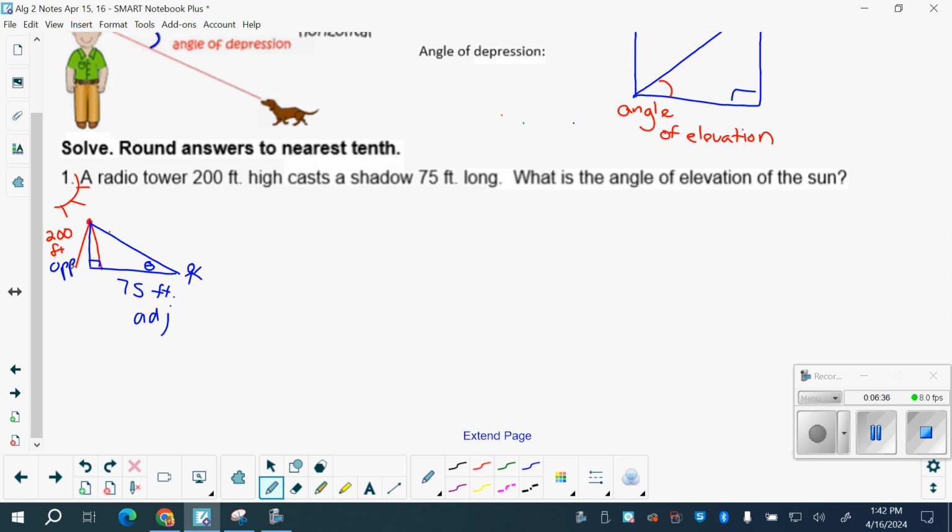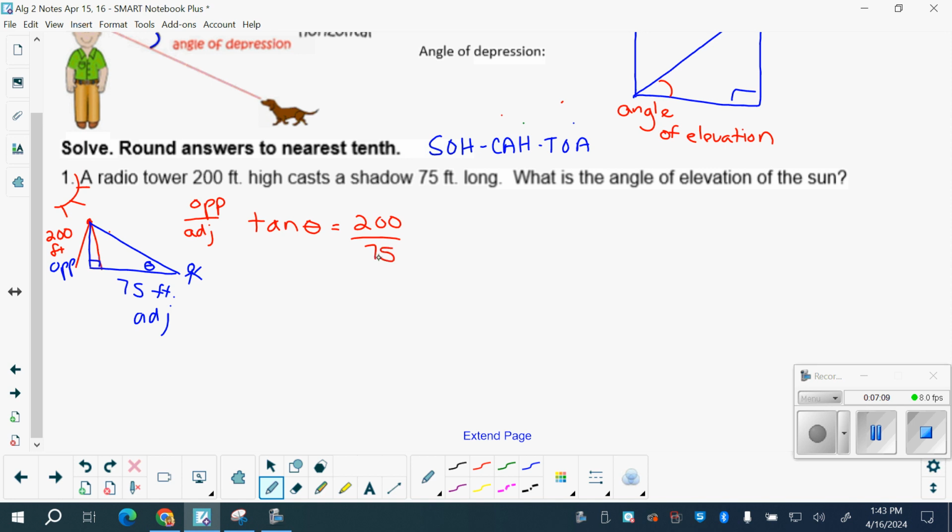So using TOA, which trig function would have the opposite and adjacent? Tangent. So tangent of theta in this case is the opposite over the adjacent, which is 200 over 75.